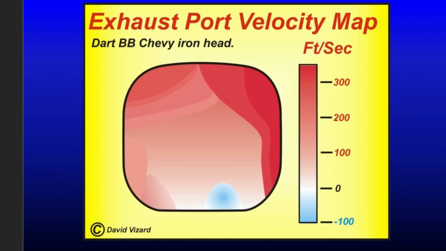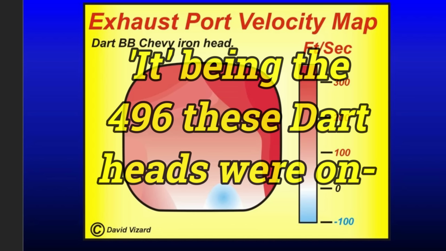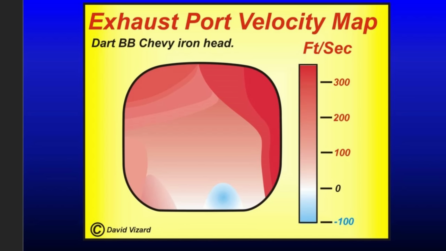We did some basic porting on this Dart head and used it on a motor, and it made some really wild numbers, so long as you used the right cam, right intake, etc. You know, I think the guy that now owns it called up and said that they just plonked it in, and basically it's a street motor, and they did something like a 9.5 for the quarter mile. Not bad for a street motor on pump gas.